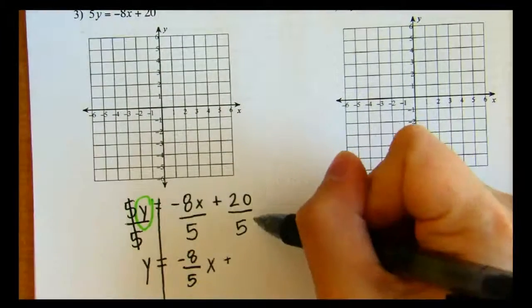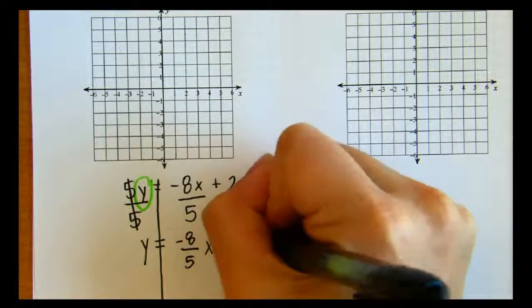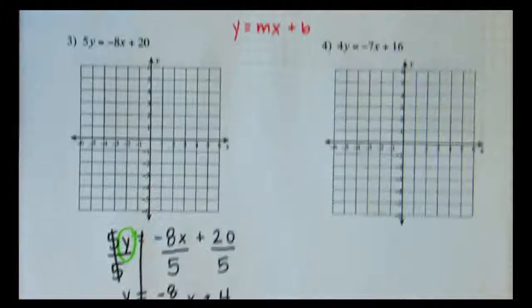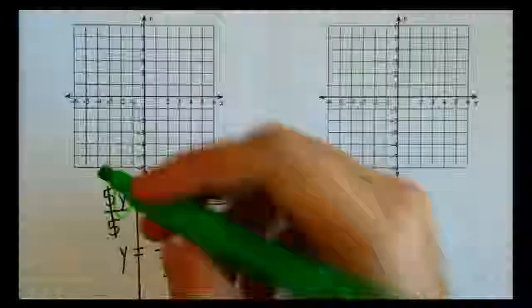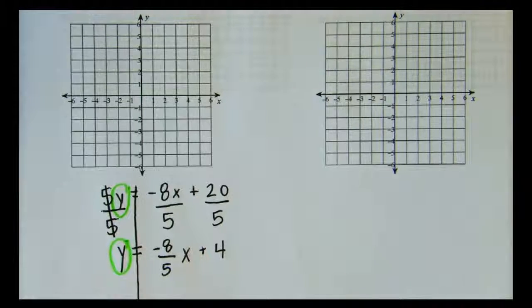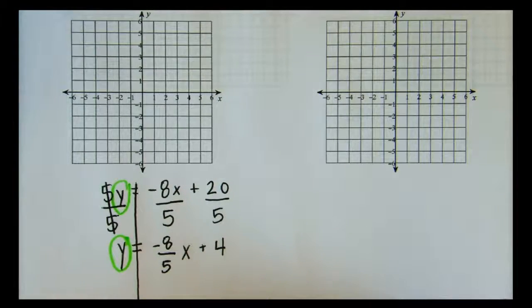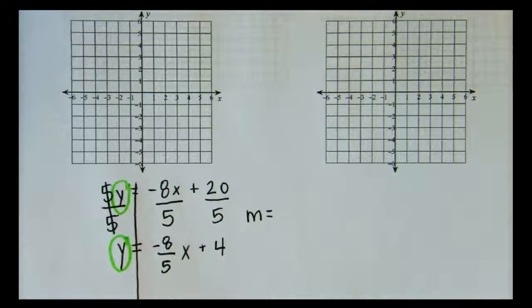Plus 20 divided by 5, well, that's going to leave me with 4. So now if I check if my equation is in slope-intercept form, my check is that I want to make sure that y is by itself, that there's nothing else on that side of my equal sign. And now there's nothing else there, so my equation is now in slope-intercept form. What is the slope of my line?